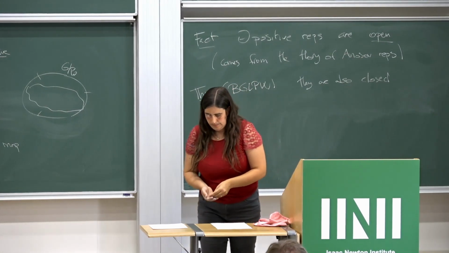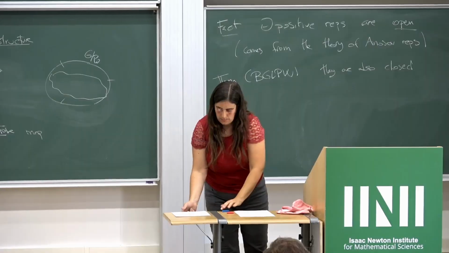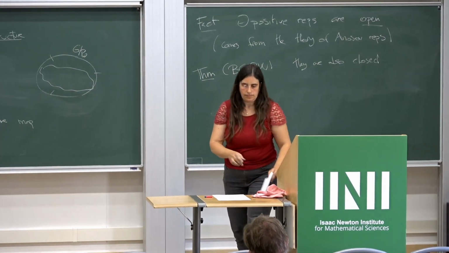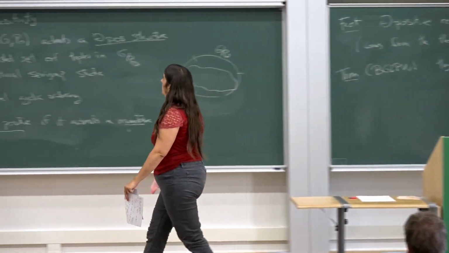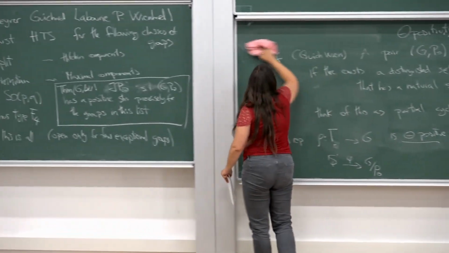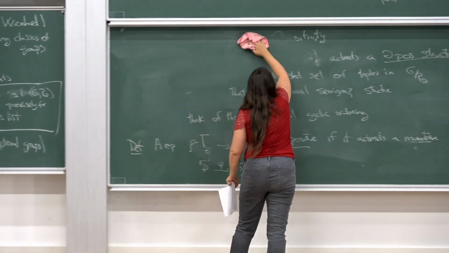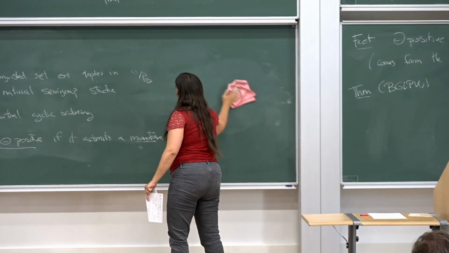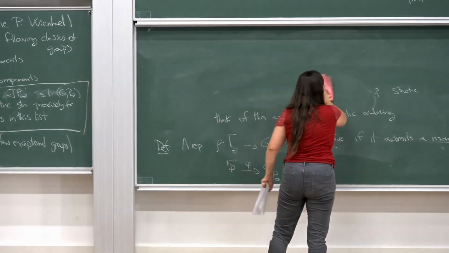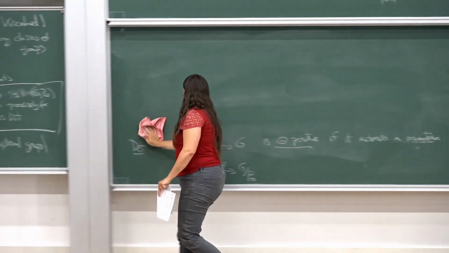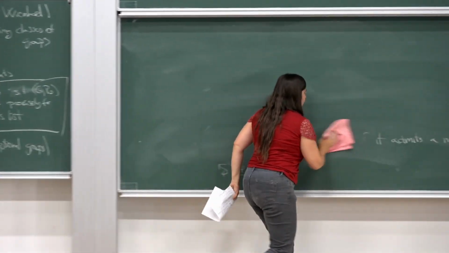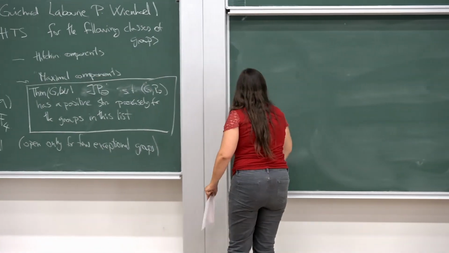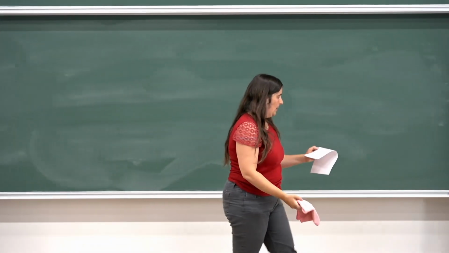Now let me see one other, a second bit that goes in this proof, which lets me tell you a little bit more about interesting features of symmetric spaces.